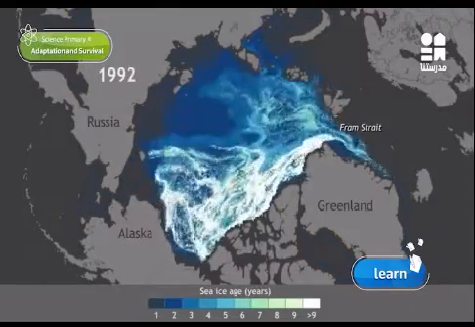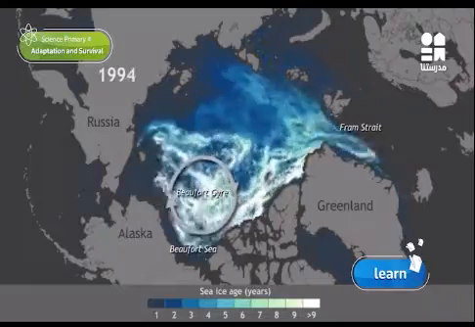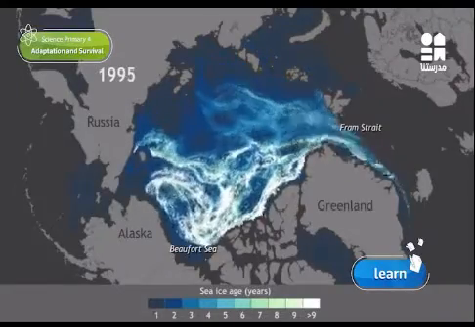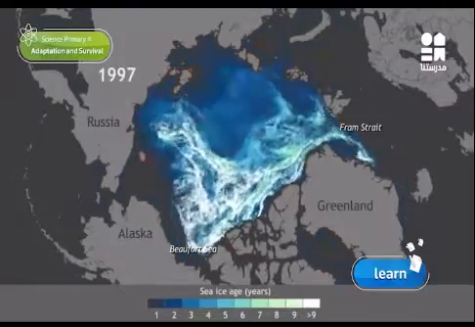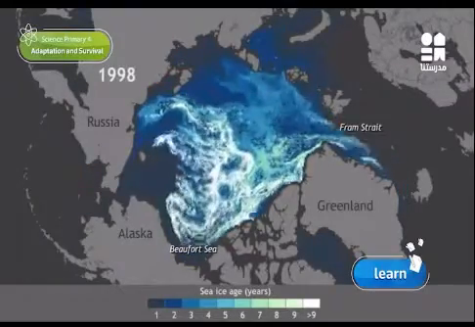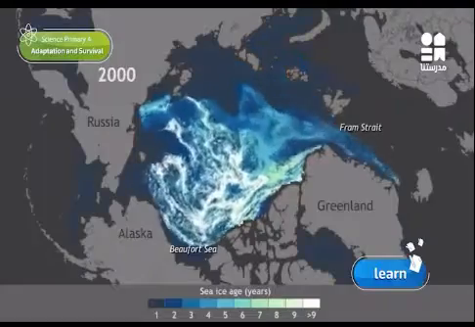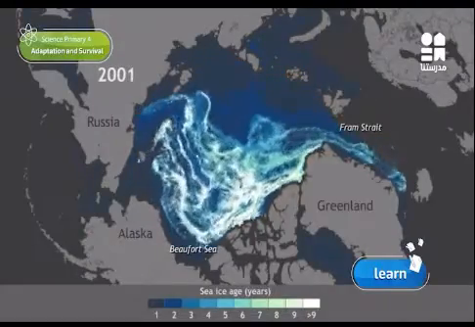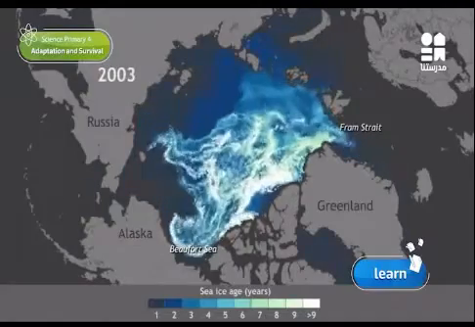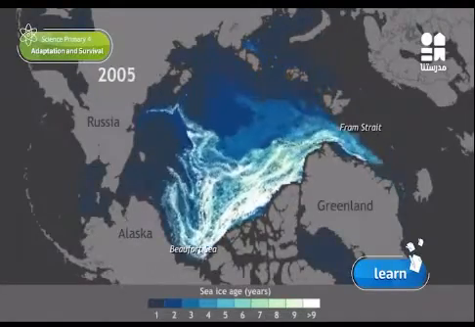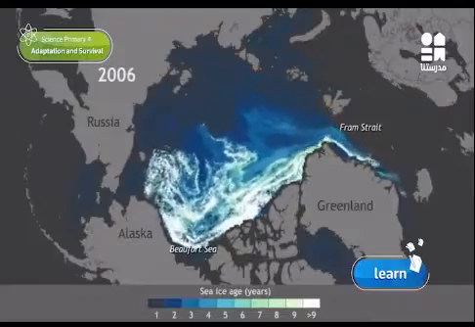And as you go through the 1990s, you see the numbers up there in the top left, you see that there is going to be less and less of this white old ice that is sort of resilient to changing temperatures and that hangs around for many years and provides a habitat for polar bears. And then in the 2000s we again see this ice is moving, but it's going to kind of be less white and less thick.